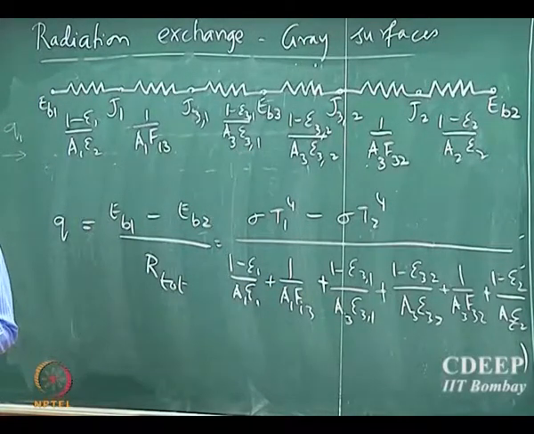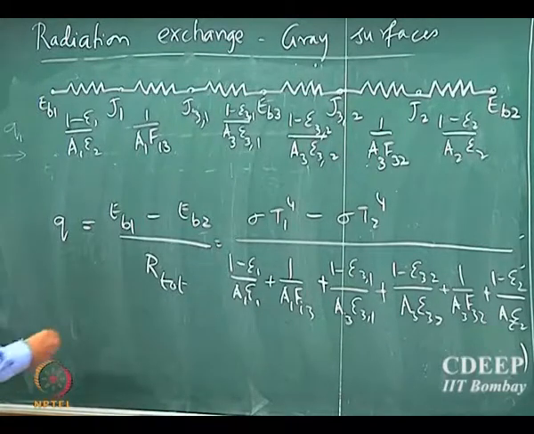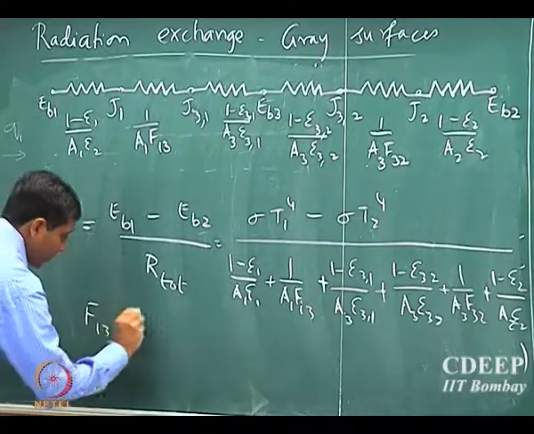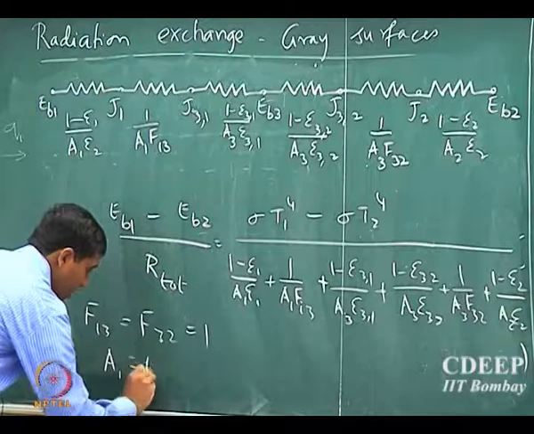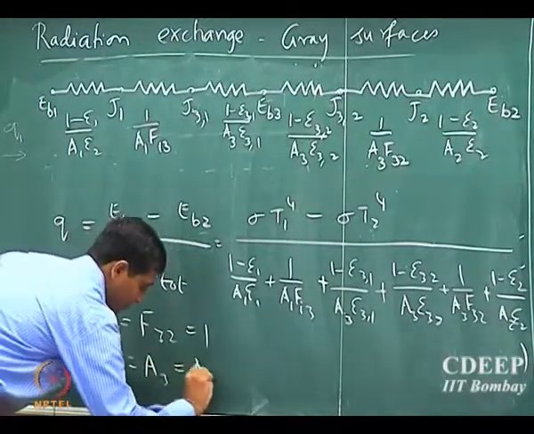If it is a parallel plate, view factor is 1, right. So, therefore, F13 equals F32 equals 1 and A1 equals A3 equals A2. Okay.